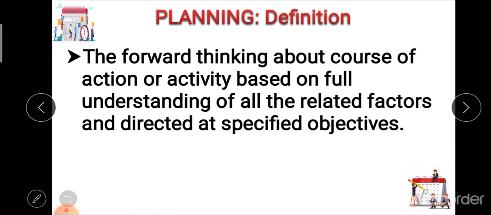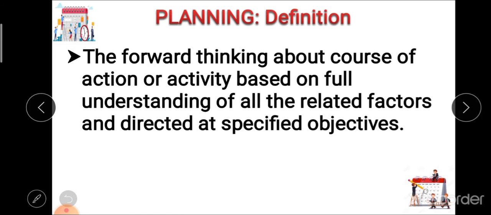According to Billy Goetz, planning is fundamentally choosing among alternatives. Another definition is given by Alfred Benty: planning is the thinking process, organized foresight, the vision, the basis of fact and experience that is required for intelligent action.